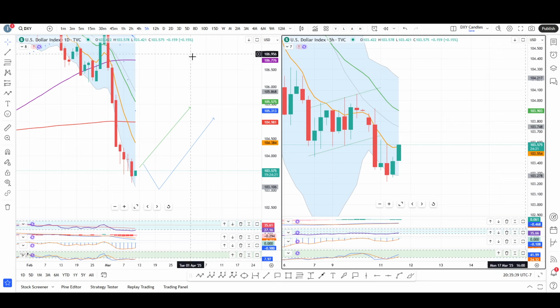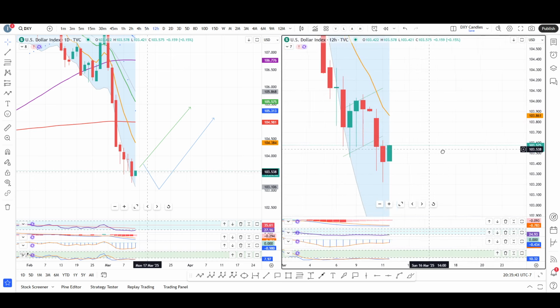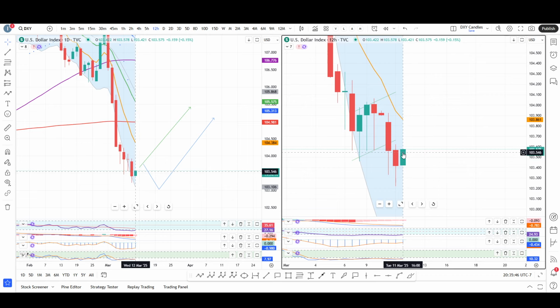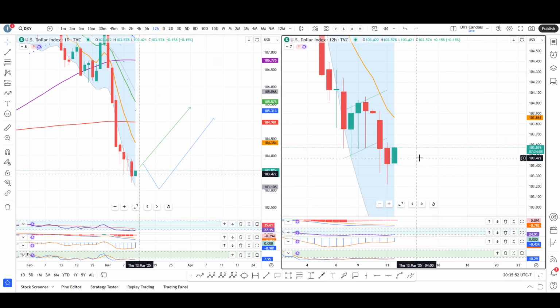So for those who like a step-by-step approach, the next candle would be the 12-hour frame, and it is already bullish engulfing. If it moves higher, then the odds will just strengthen, and it will be a much stronger potential reversal.